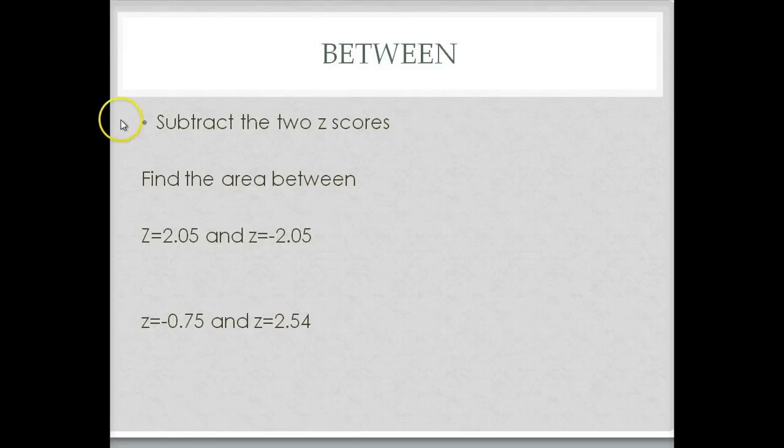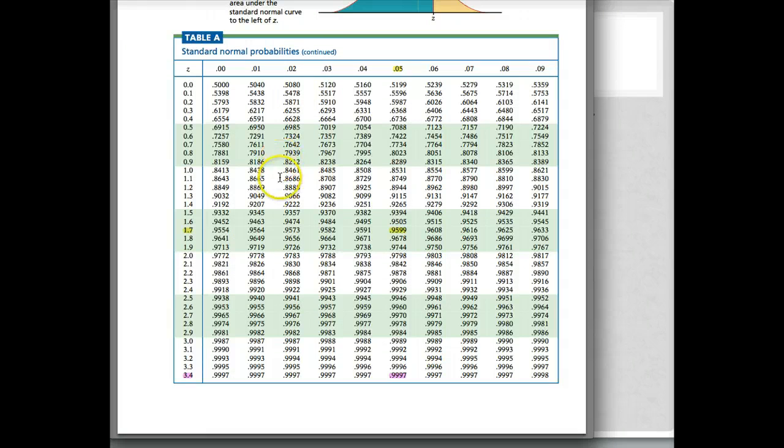The last thing we can do with z-scores is find the area between. For example, what proportion scored between a 60 and an 80? I would have to find the between value. I'm going to do this by subtracting the two areas, the larger number minus the smaller number. Proportions and probabilities can never be negative, so be sure you're subtracting largest minus smallest.